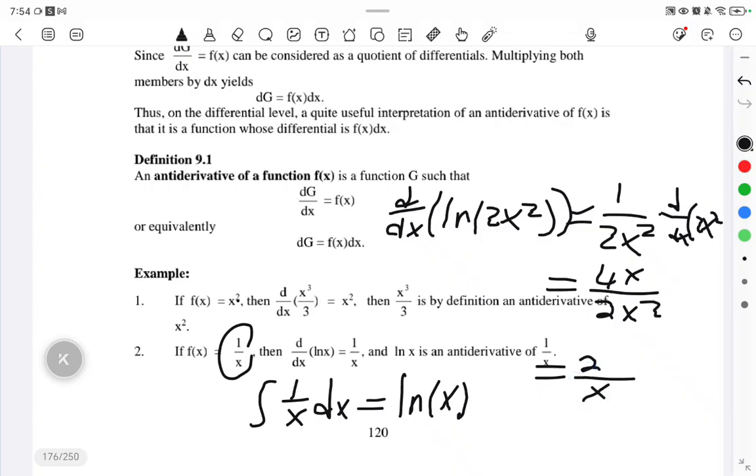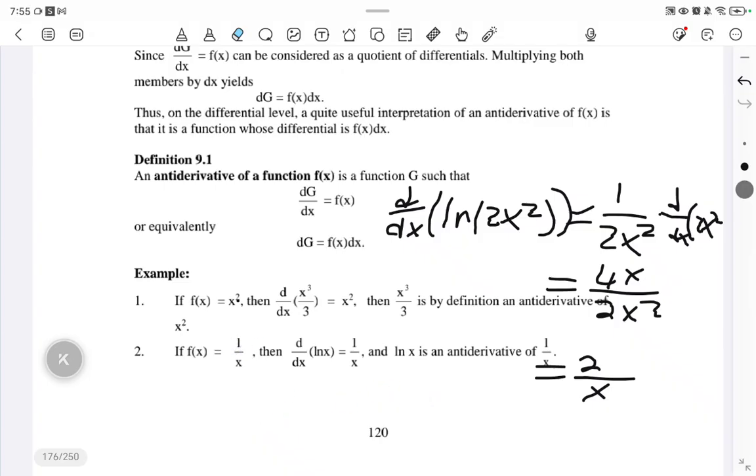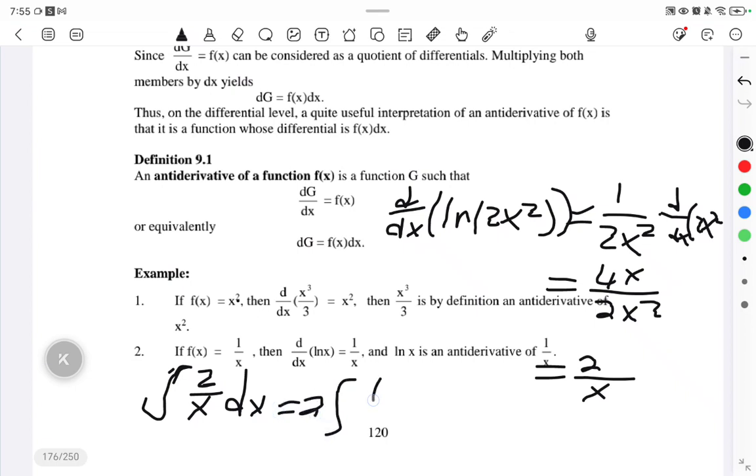Now check. When I'm going to integrate this 2 over x, I want to show you something. First, I must obviously take the 2 outside. You agree, right? Let's take it out. The question is, can I be able to go back to the original question? Can I?